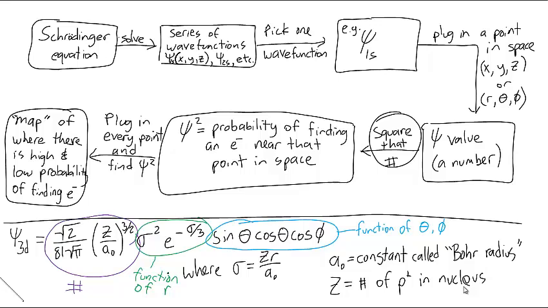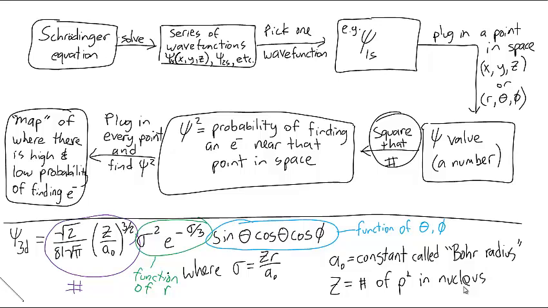And then we have a function in terms of r, which is distance from the nucleus, and then a function in terms of these angles related to the nucleus. You don't need to understand any of that. All I want you to understand is there is a mathematical function under there. These pictures you've seen of orbitals that say where the electron is, there is some math in there somewhere. That's where it comes from.